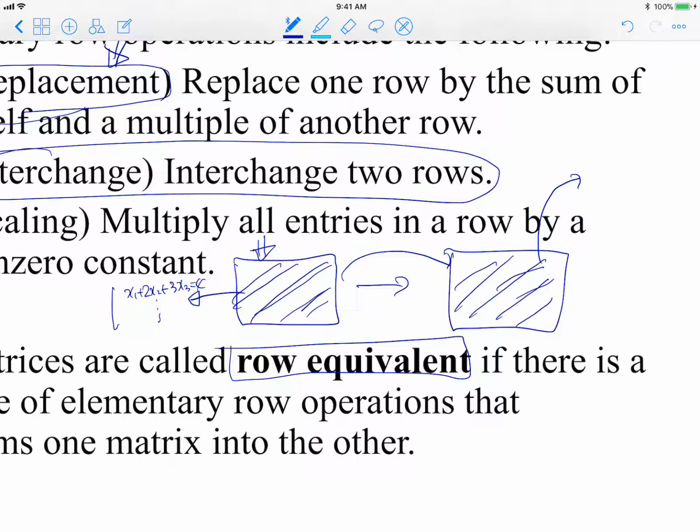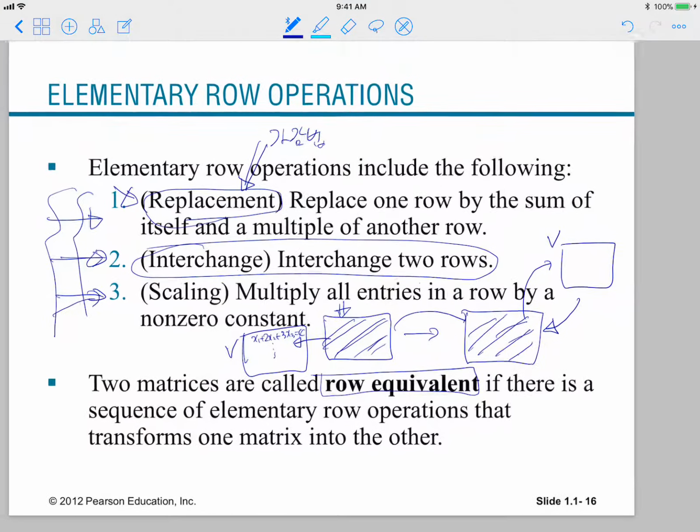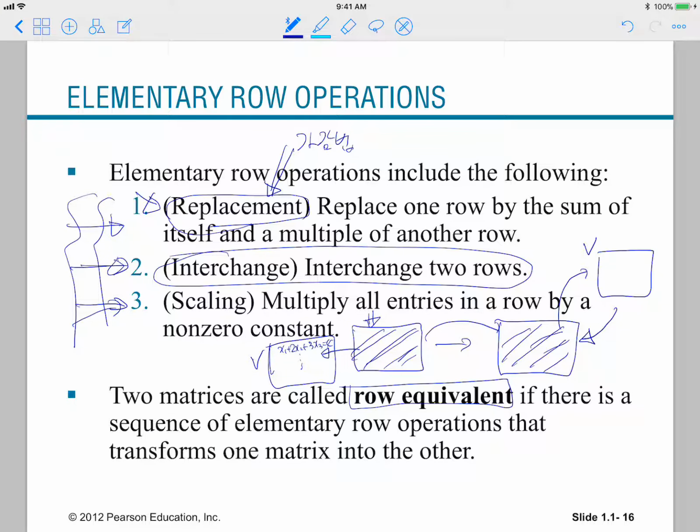We know this linear system, and another linear system corresponding to the new augmented matrix. The solutions of these two linear systems are exactly the same, right? Because these row operations don't change the solution at all, right?